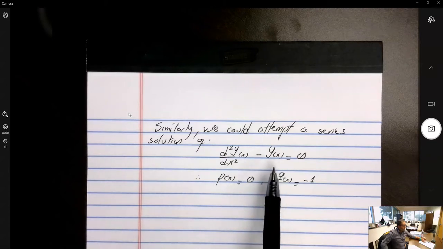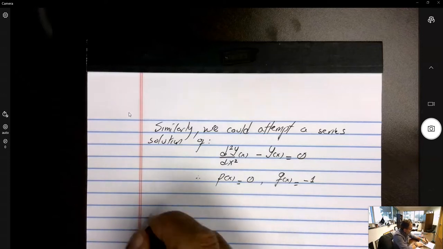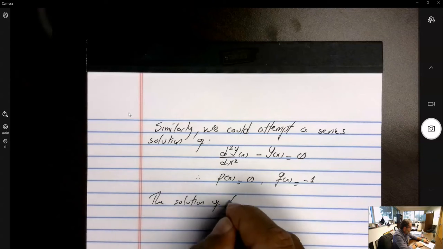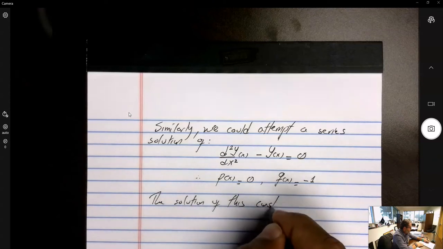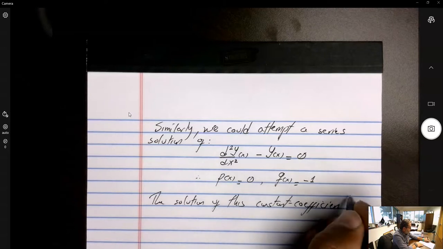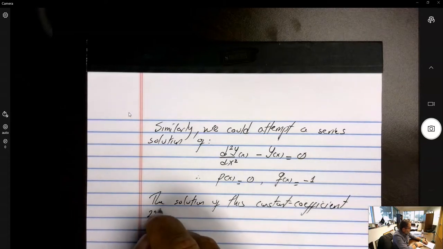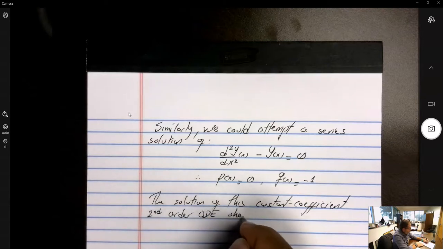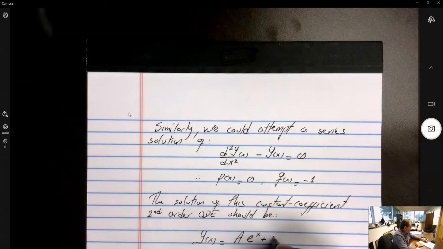So we get a solution of these constant coefficient second order ODE should be either a times e to the x plus b e to the minus x, right?